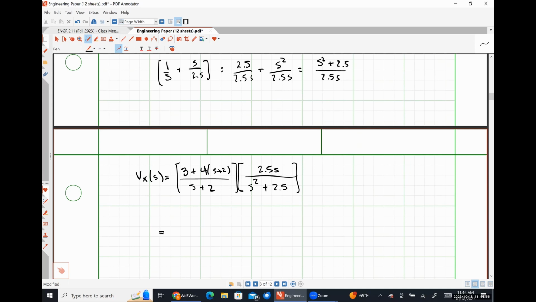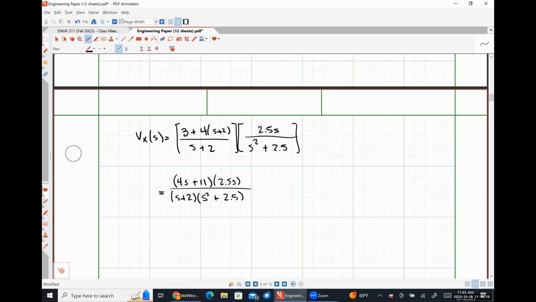So let's see. 4s plus 8 plus 3, so 4s plus 11 times 2.5s divided by s plus 2 times s squared plus 2.5.